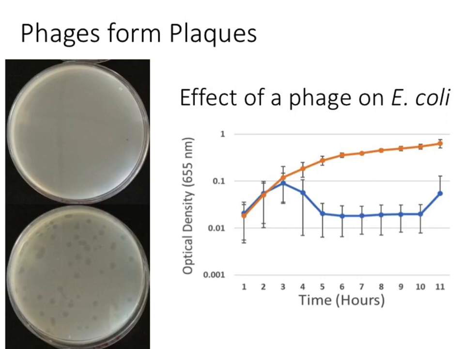So this is a way to directly count how much bacteriophage is in a sample. It's in essence the inverse of looking at a colony forming unit. But the idea is the same, that you can count a concentration of bacteriophages within a sample by counting the number of these plaques that form.